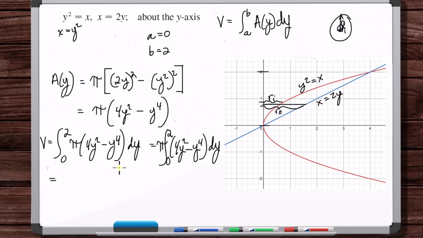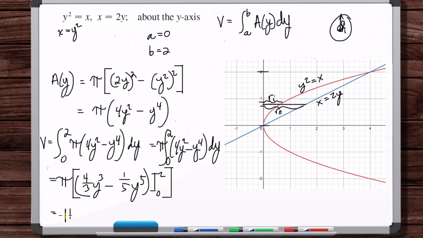Okay, so now just evaluate the integral. So this is 4/3 y cubed minus 1/5 y to the 5th. Okay, evaluate this from 0 to 2.